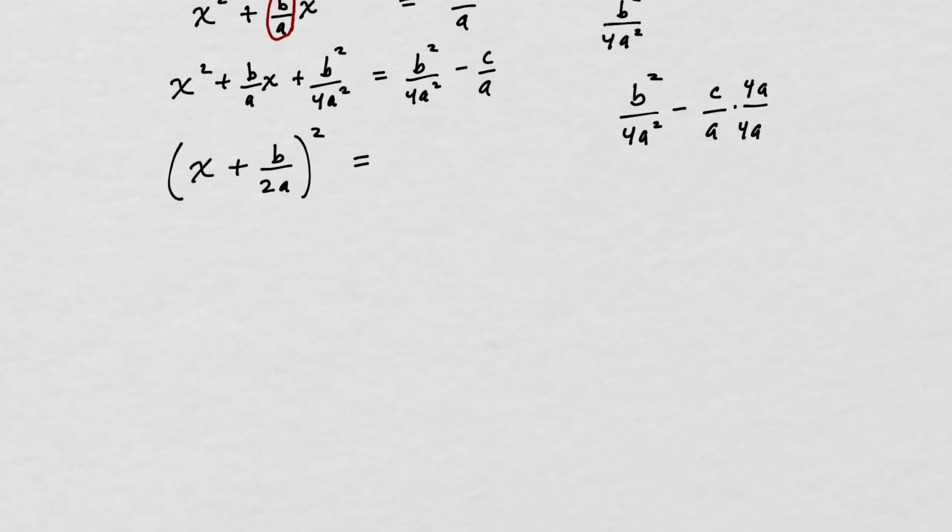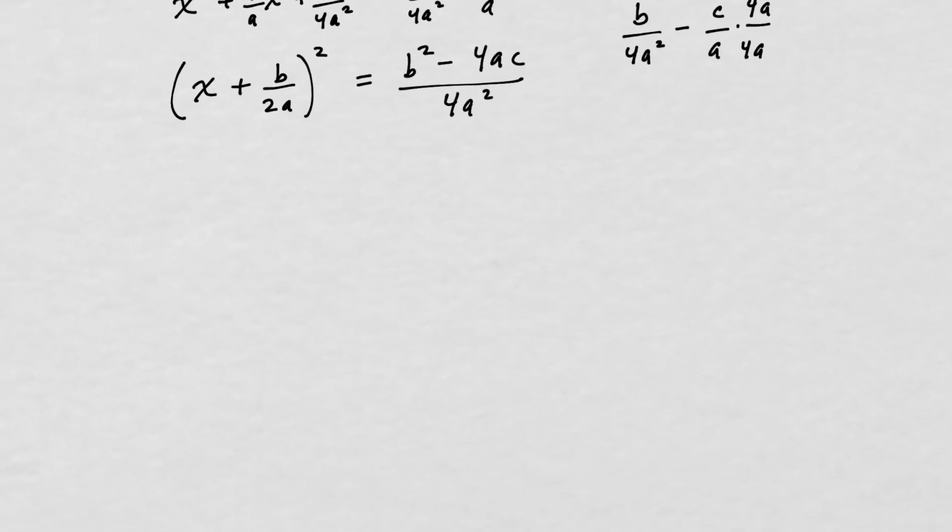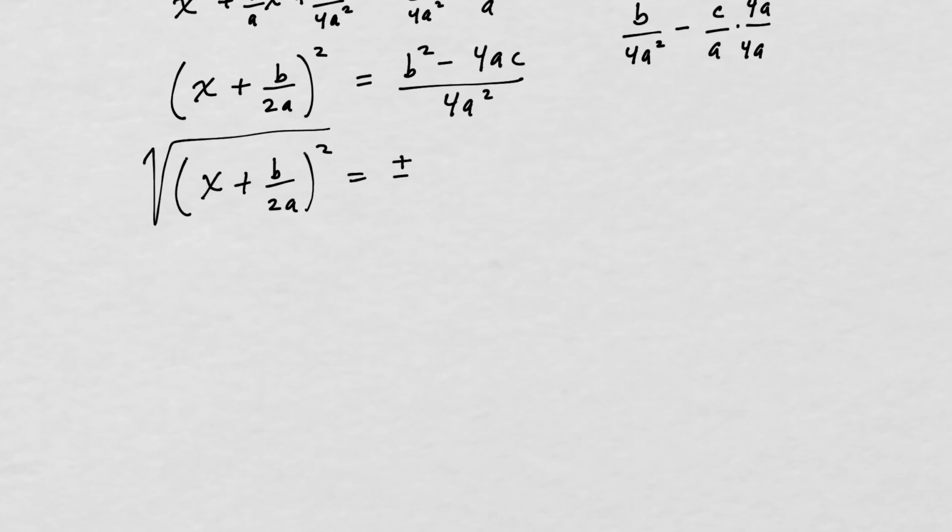So this is going to be b squared minus 4ac, all divided by 4a squared. Okay, now we apply the square root property. So I take the square root of both sides, remembering that it could be positive or negative.